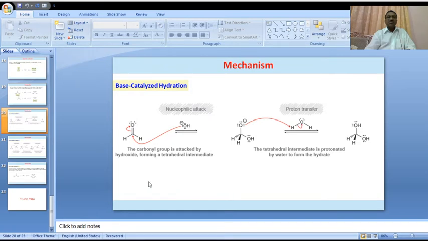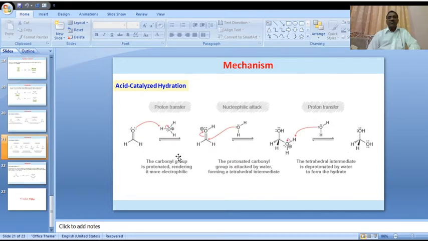This reaction proceeds under base catalyzed hydration, which involves a two step reaction. When we go to another condition, acid catalyzed reaction, when compared with the base catalyzed, it proceeds in three steps.